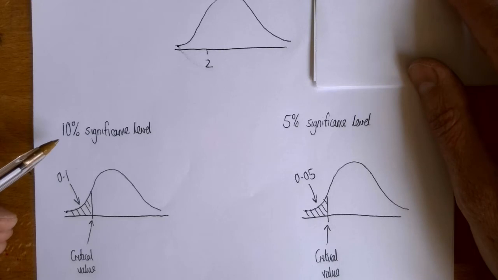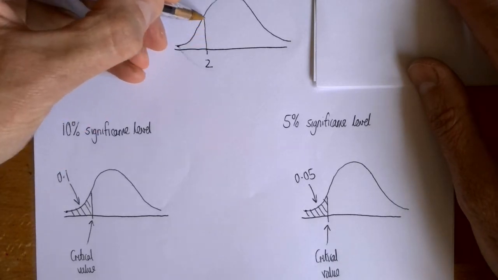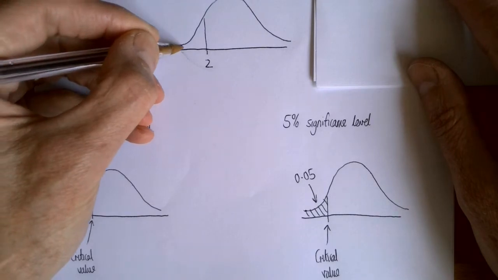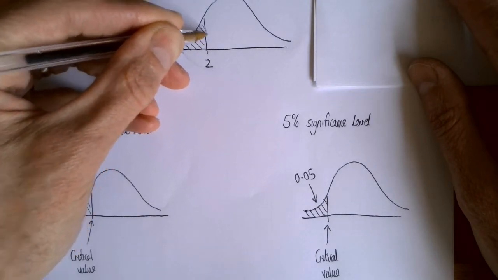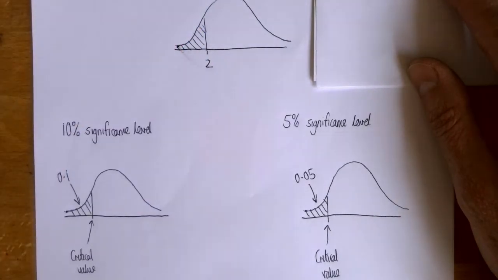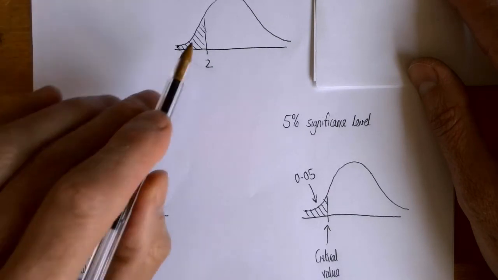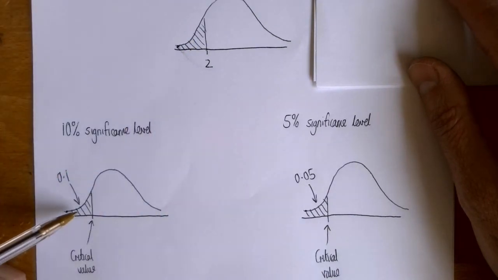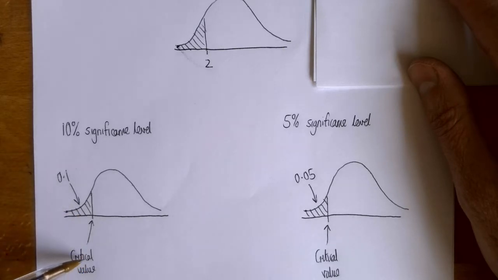So at the 10% significance level, we look at our observed value and all the probabilities less than that, so the probability of 0 to 2 in this case, and we say, is this less than 0.1, 10% as a decimal? And if it is, if it's below this critical value, then we say, yeah, that's just too unlikely. Something odd must be going on here. He can't be as good at table tennis as he thinks.